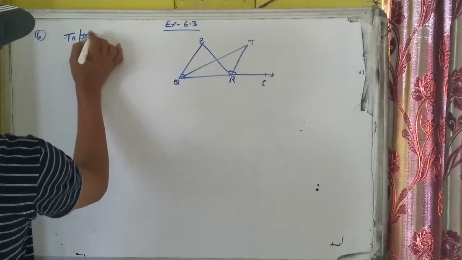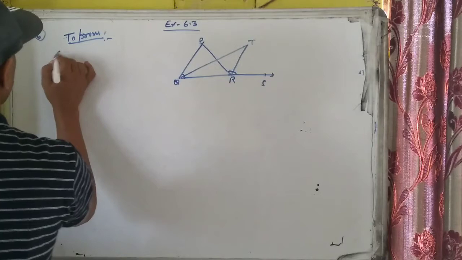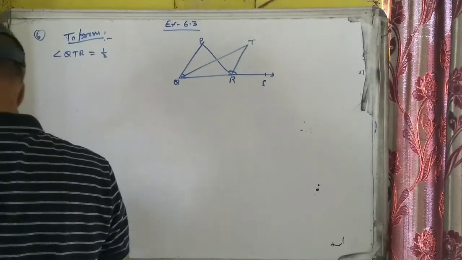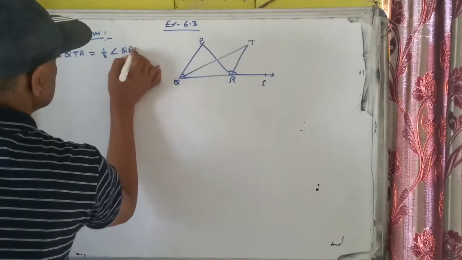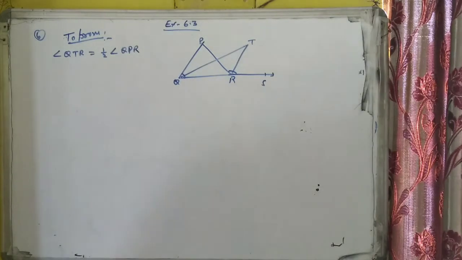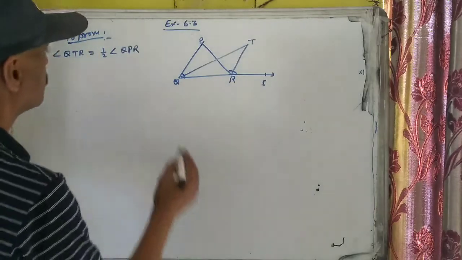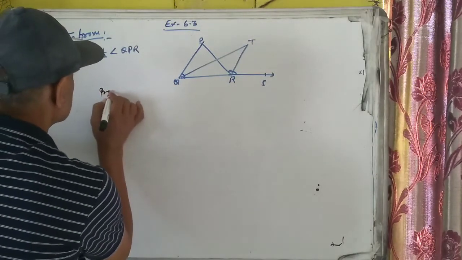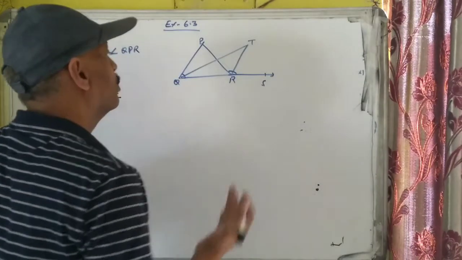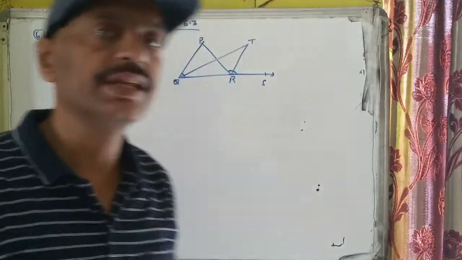We have to prove angle QTR equal to 1 by 2 angle QPR. So just see here. Before doing this question, we must have a little bit knowledge about the exterior angle.